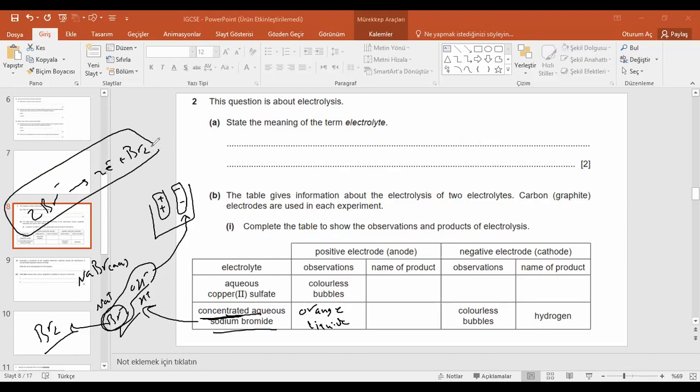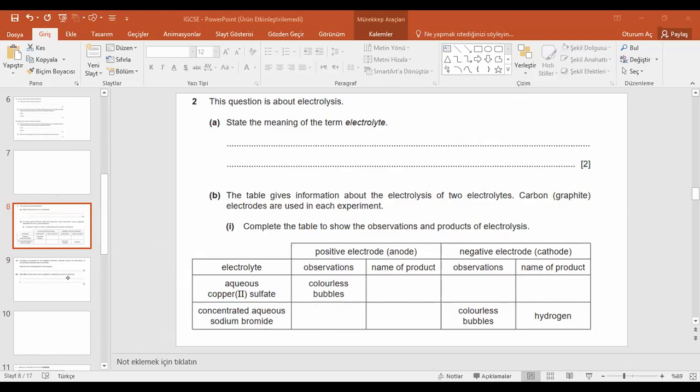Br2 is orange, it is bromine. And H+ is the one that will go to the cathode. Sorry, Br- and OH- go to the anode, not the cathode. That's it. We're done with this part of the question. We move on to the next part.